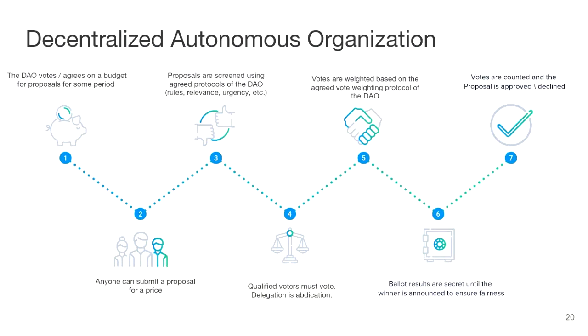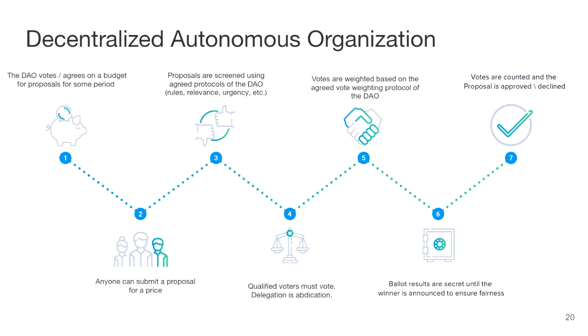Again, we have a set of protocols, of rules that enable the DAO to pretty easily screen these proposals. Once they're screened, the qualified voters vote. And again, here, when we look at a DAO, we talk about there's no delegation. Delegation is essentially forfeiting your voice in the system, or your voting power in the system.